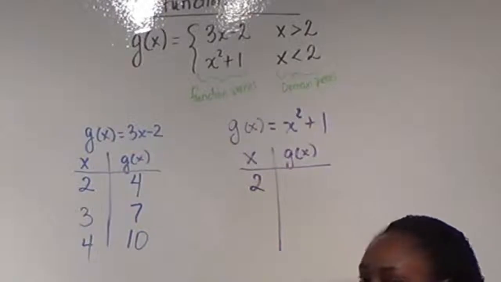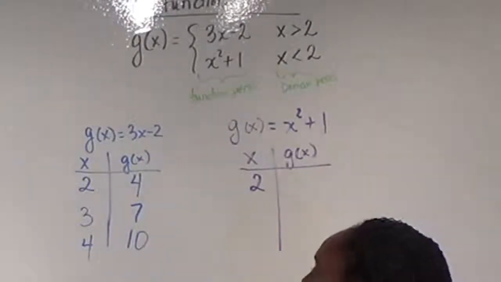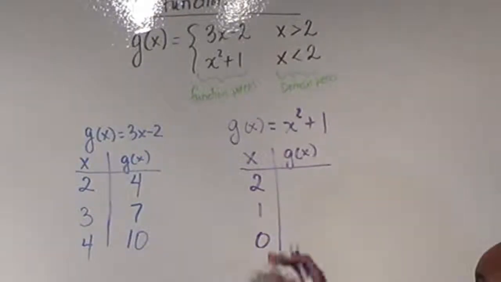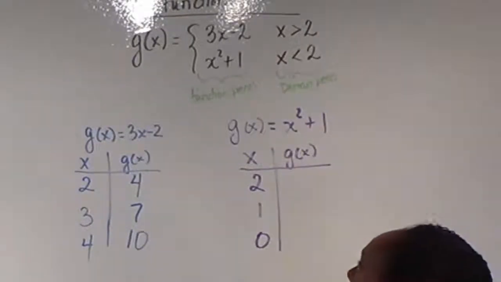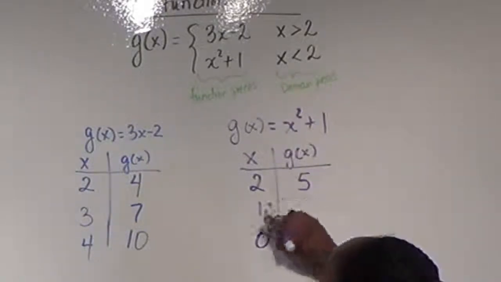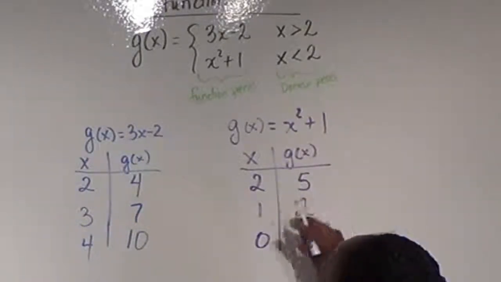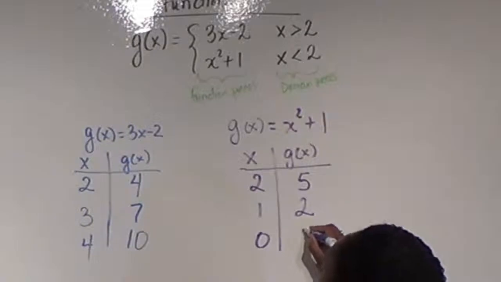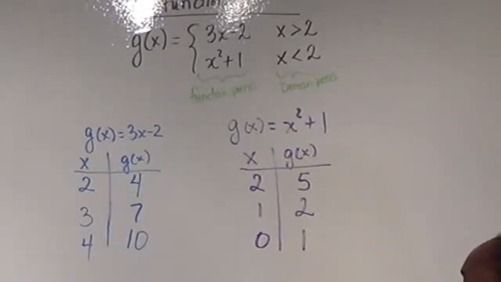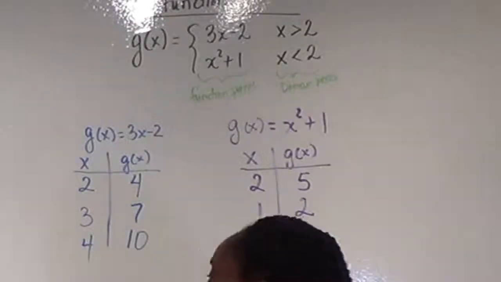Again, I'm going to start at that boundary point and pick values less than 2. Again, you can pick more points if needed. So plugging into here, we see 4 plus 1. At 1, we get 1 plus 1. And at 0, 0 plus 1.